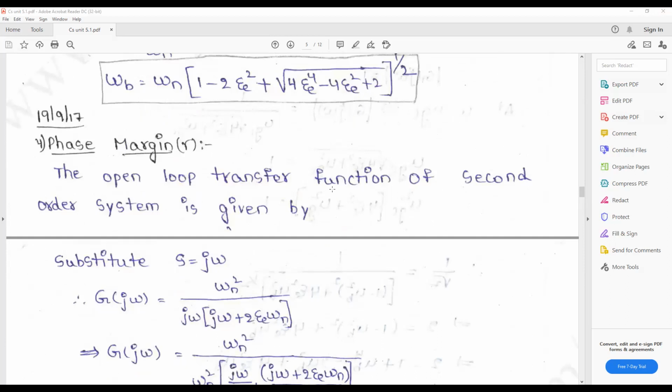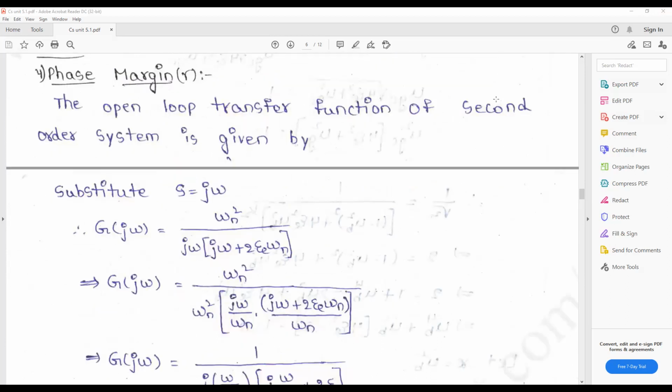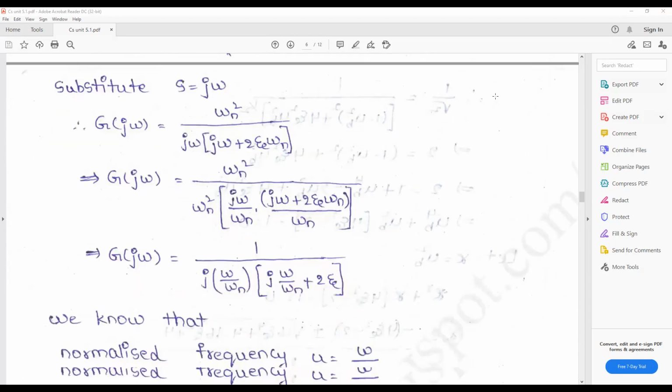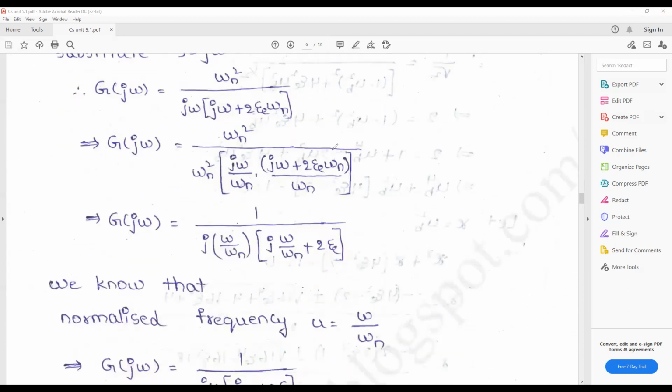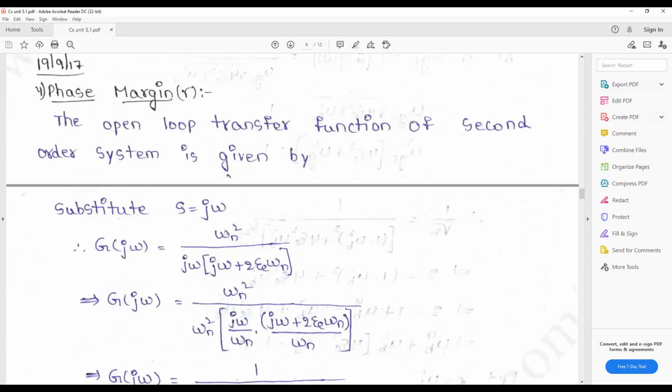And now, next one, phase margin. First, the standard form of the closed loop second order system is omega n square by s square plus 2 neta s omega n plus omega n square. So put s is equal to j omega.